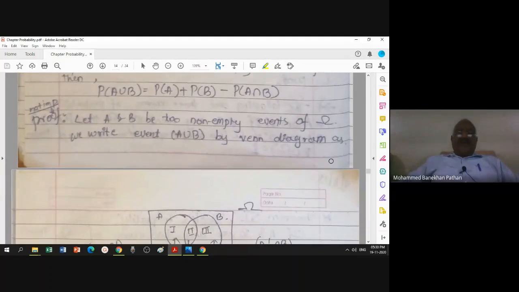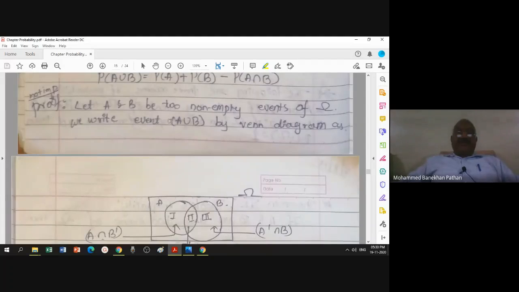Let capital A and capital B be two non-empty events of omega. We write event A union B by Venn diagram. It is a mathematician who suggested how to draw the diagrams for set theory.